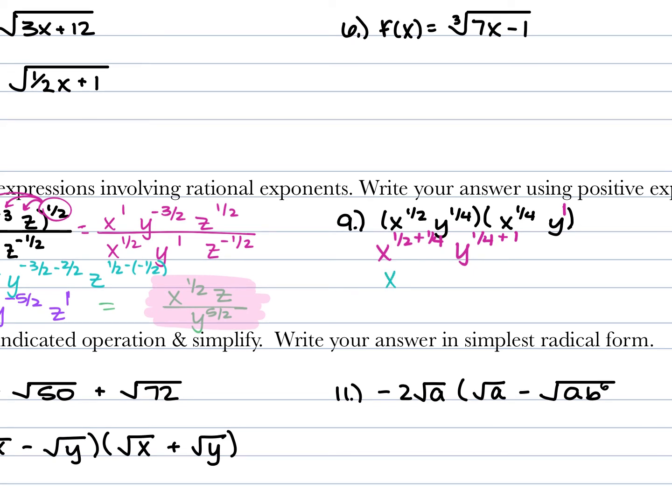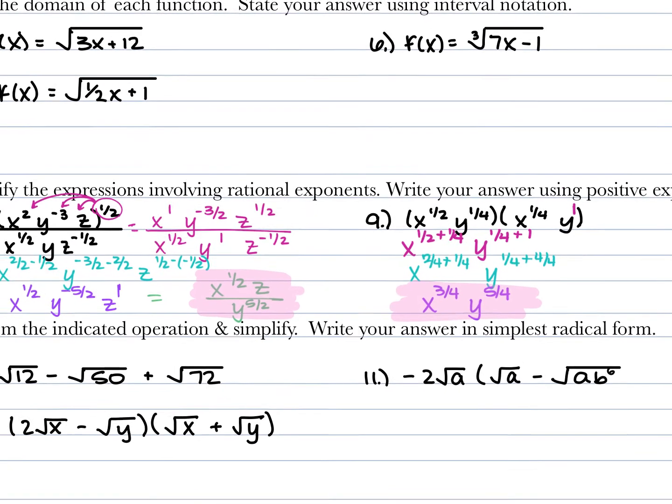So that's going to be x to the power of 2/4 plus 1/4. And on the y, it's 4, so it's going to be y to the power of 1/4 plus 4/4. We add those numerators, keep it over the denominator. That's going to give us x to the power of 3 over 4, y to the power of 5 over 4.